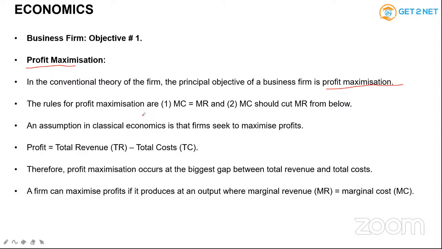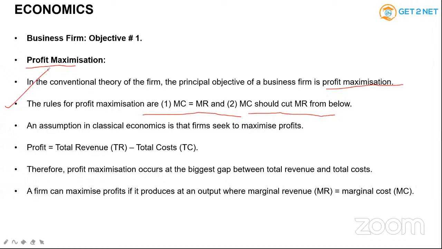So based on this profit maximization model, the first objective of business firm is profit maximization. The rules for profit maximization are MC equals MR, marginal cost is equal to marginal revenue, and marginal cost should cut marginal revenue from below. So these are the two rules for profit maximization.